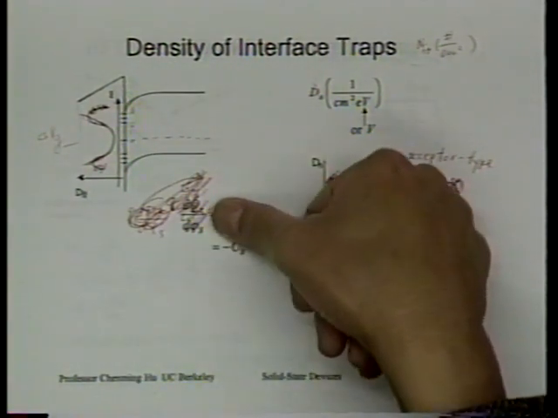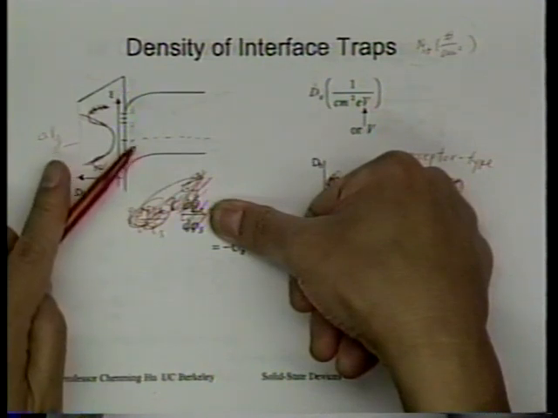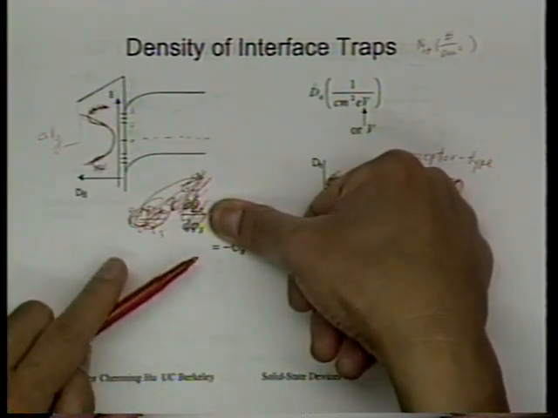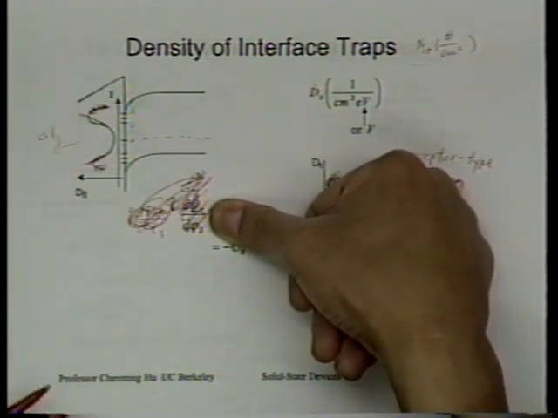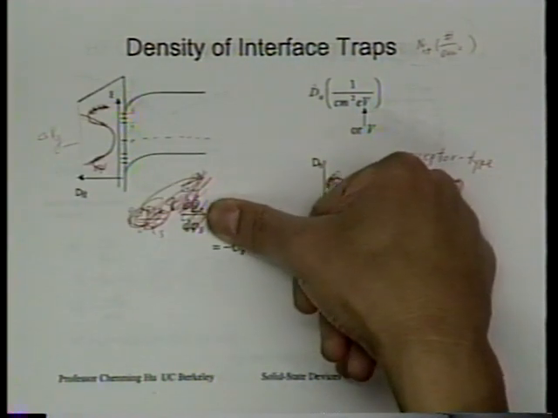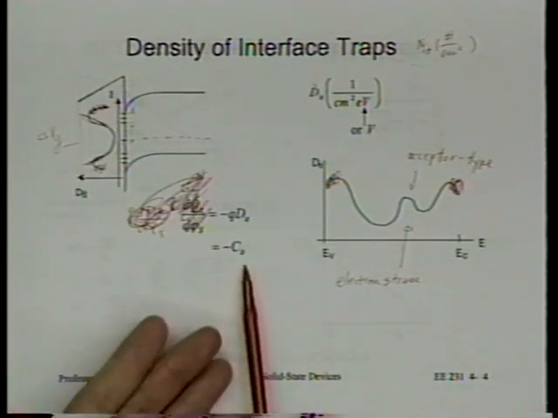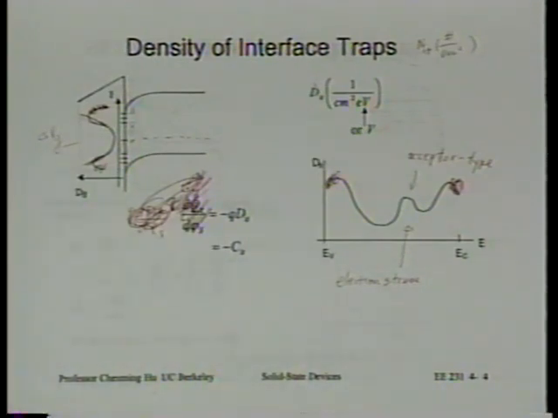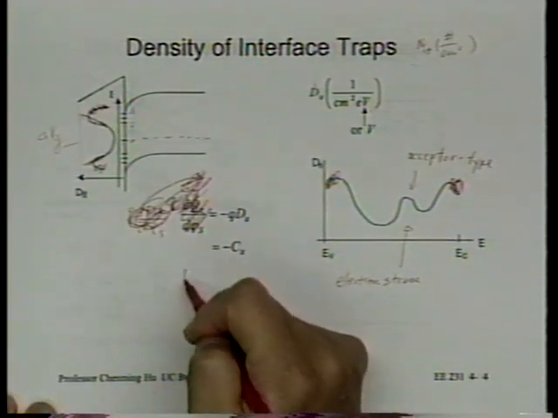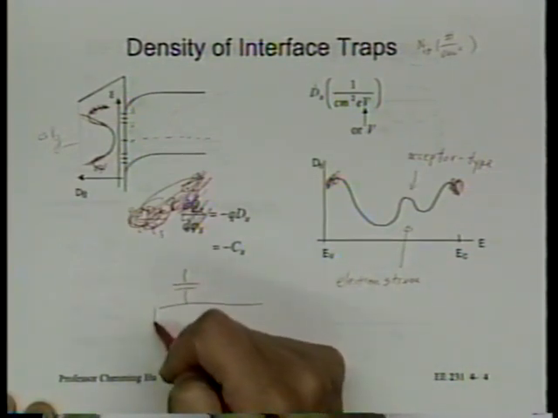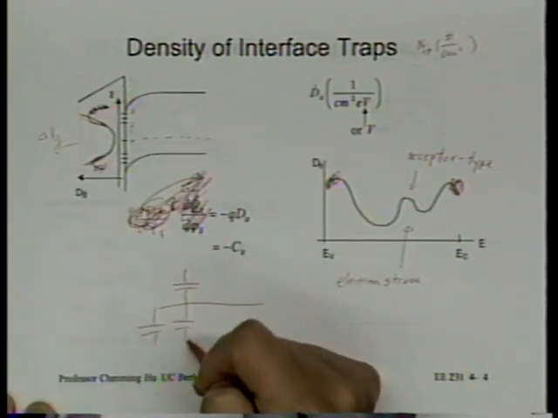Anytime we see charge change when we change phi s, which is always changed as a result of changing VG, we can say that we have introduced a new component of capacitance to the substrate capacitance. Do you agree? So we call it CIT. IT is the right subscript. Would you agree? So now you can say our equivalent circuit is even more complicated. We have 4 components now.